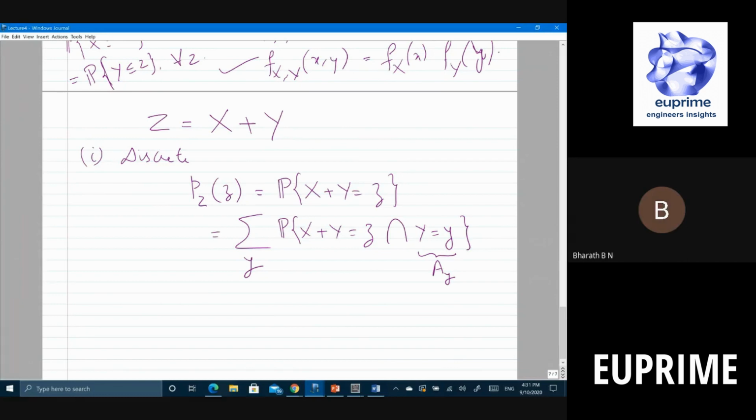Let's say the union over all y of AY. AY is all those omegas such that Y equal to y. The event Y equal to y is the set AY. I don't want to say set of all omega in omega such that Y of omega equal to y all the time, so I'll just say Y equal to y from now onwards. So what can you say about the union over all y of AY?